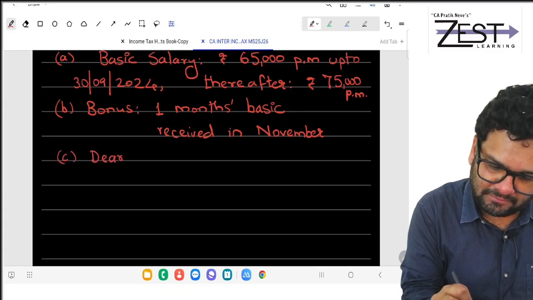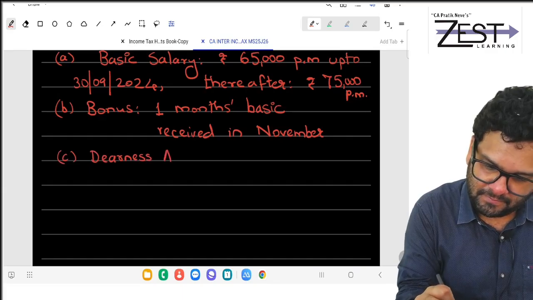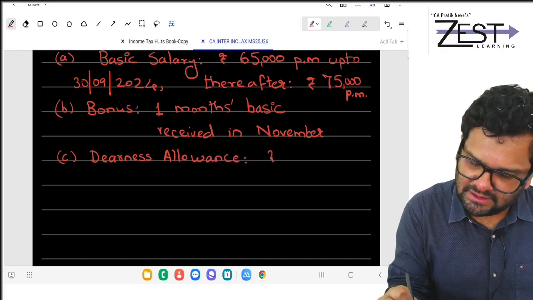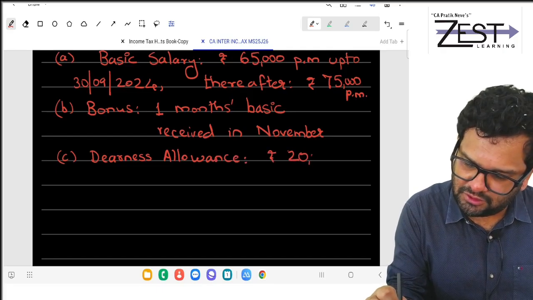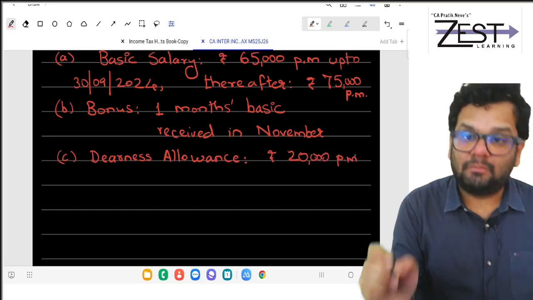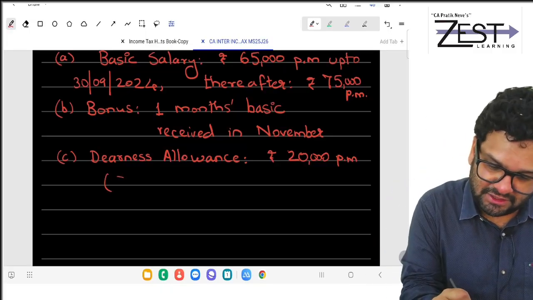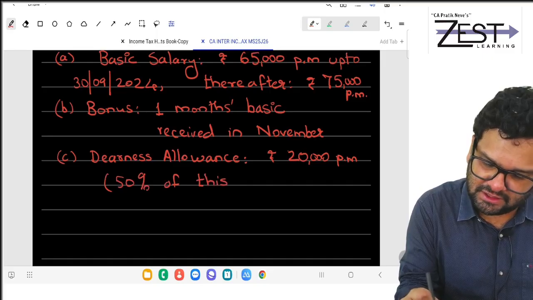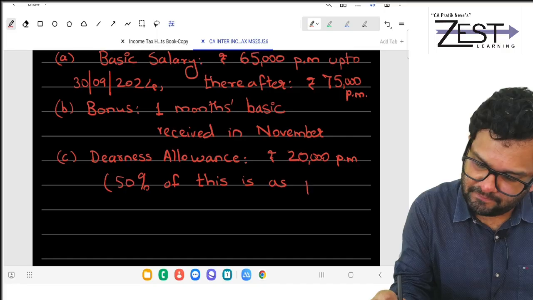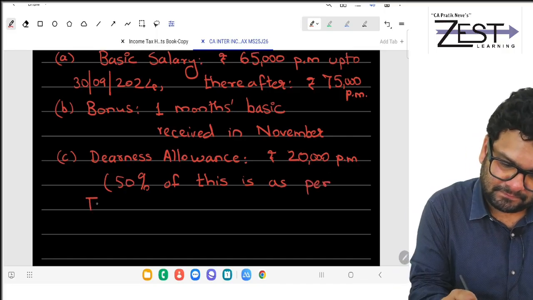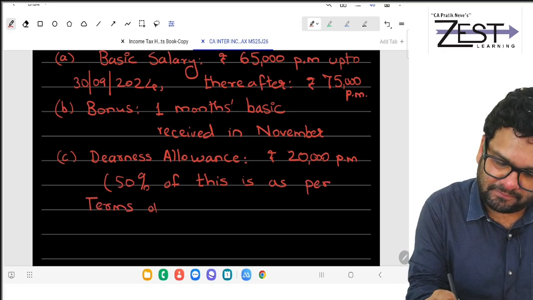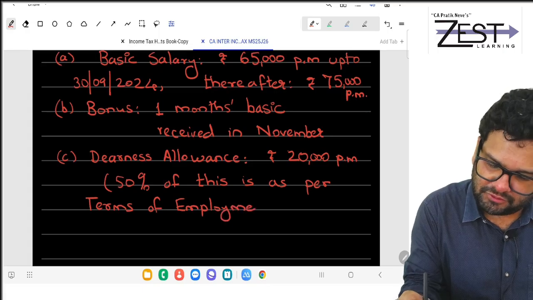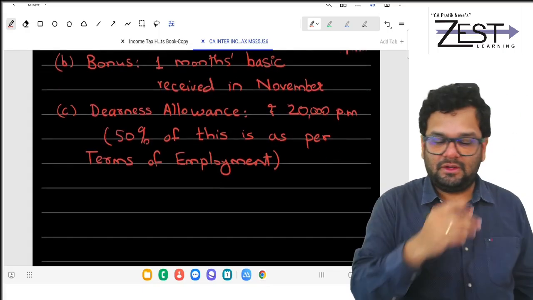You are also having dearness allowance. Dearness allowance is say 20,000 per month. But I am saying 50% of this is as per terms of employment.